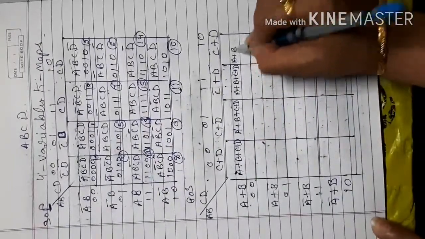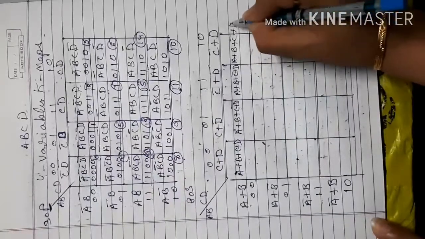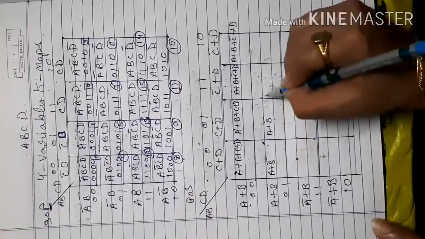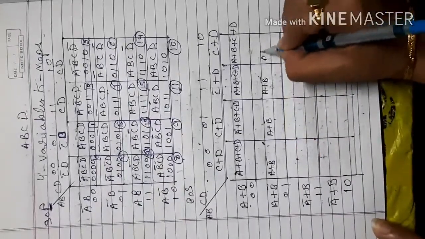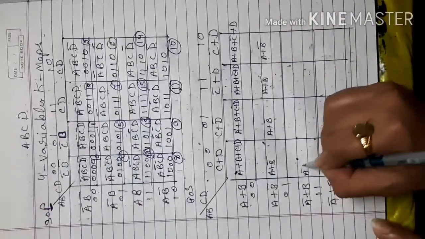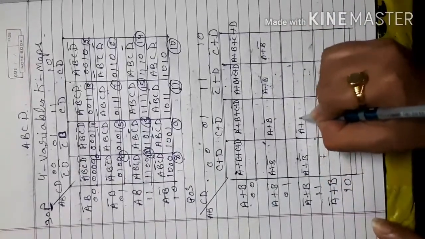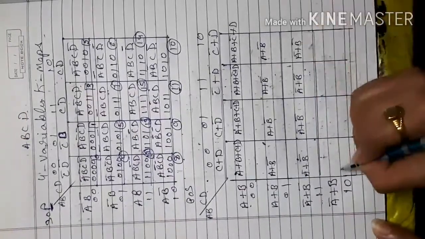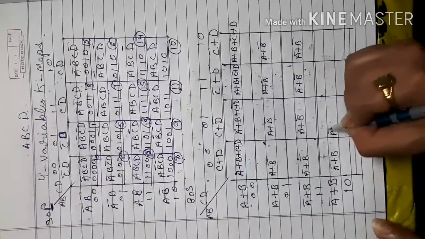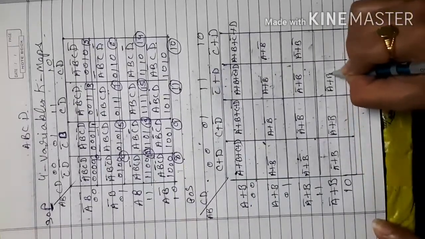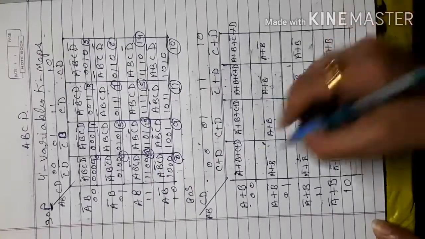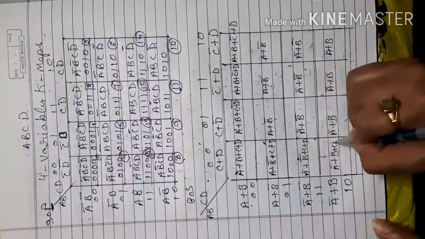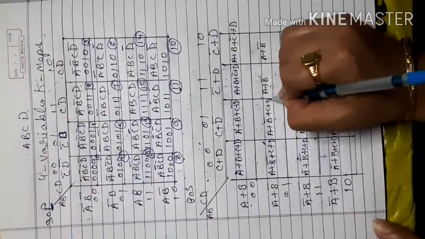Better I go with the row first, then the column. So first, if I go with the row, it will be A plus B, A plus B, A plus B. Then A plus B complement, and so on. Then A complement plus B complement, and then A complement plus B. Now I added the columns: C plus D, C plus D and C plus D. Here I did the column C plus D complement.